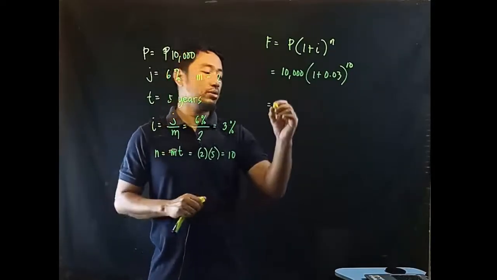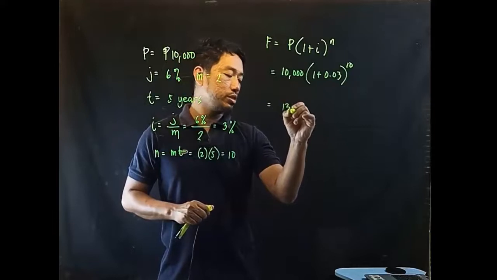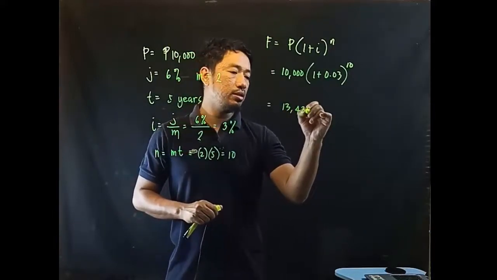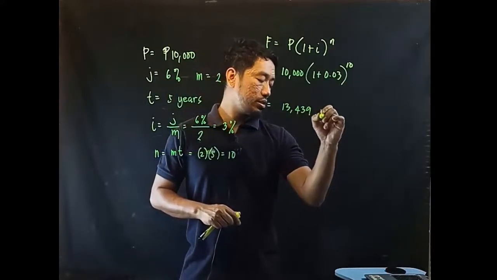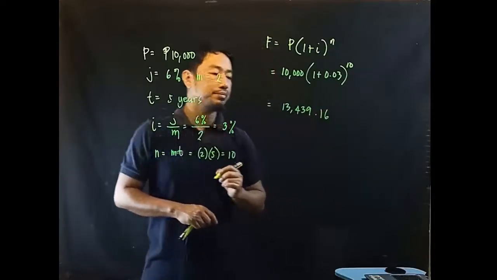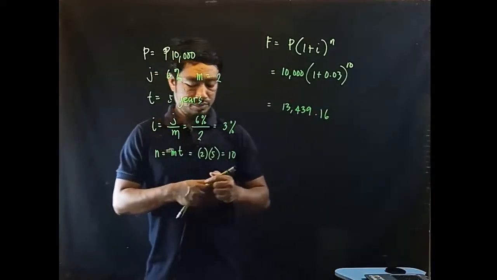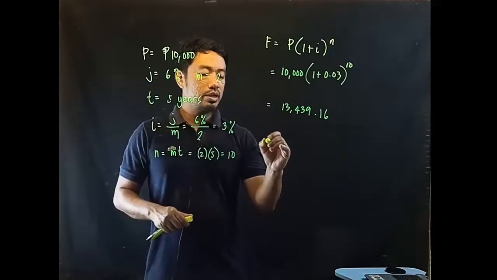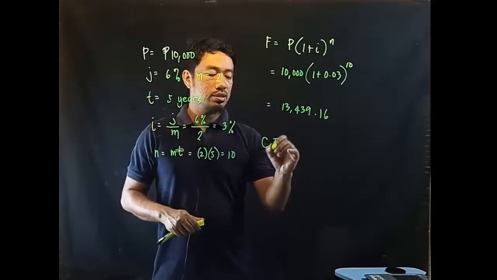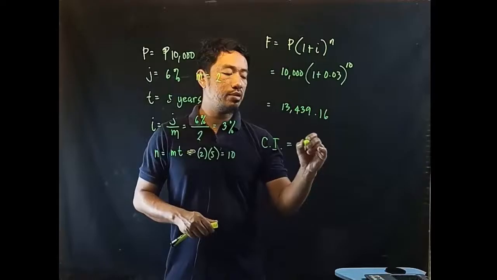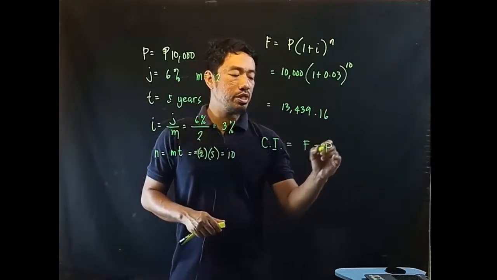And the final amount is 13,439.16. The compound interest is equal to the final amount minus the original amount.